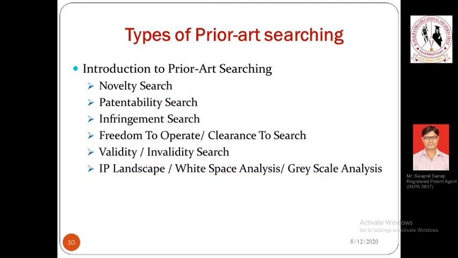Now this is a very important concept to understand here. Validity and invalidity searches are those searches which are performed by the inventors or applicants for their own patent, right? Sometimes what happens is, since the examiner, the controller, being human beings, they tend to miss some of the prior art references which may be overlapping and based on which the patent could have been rejected.